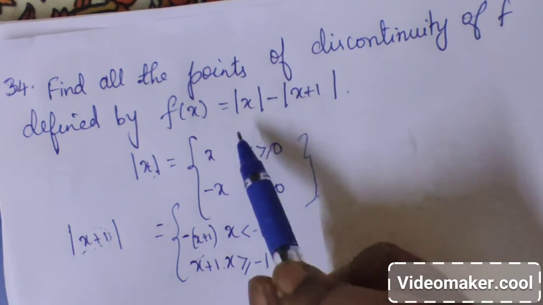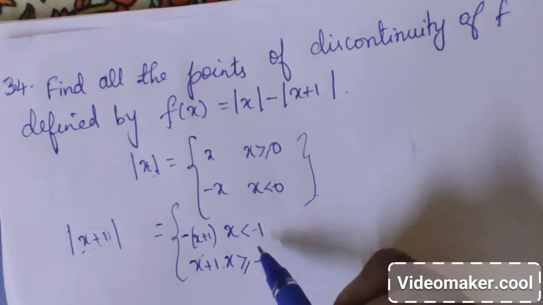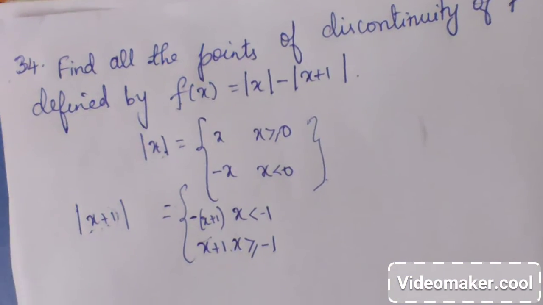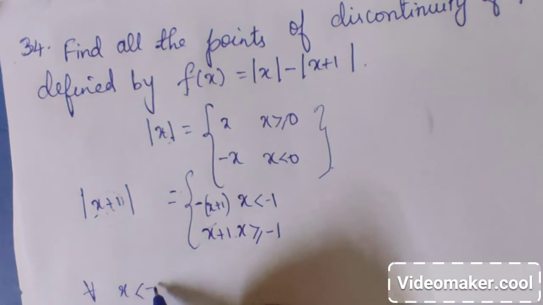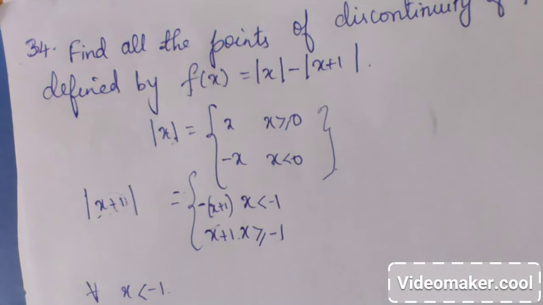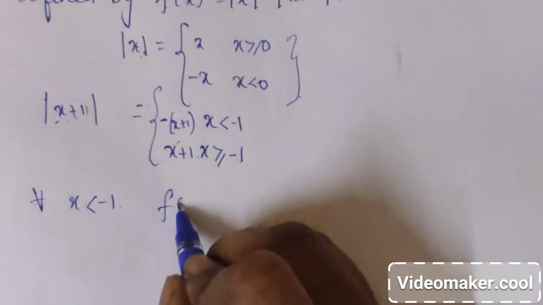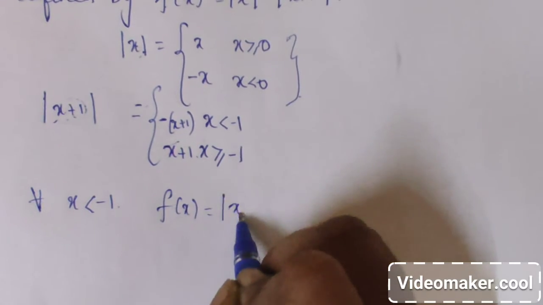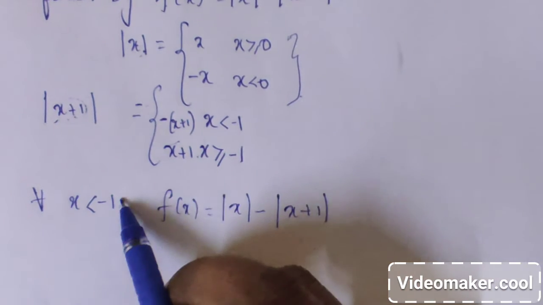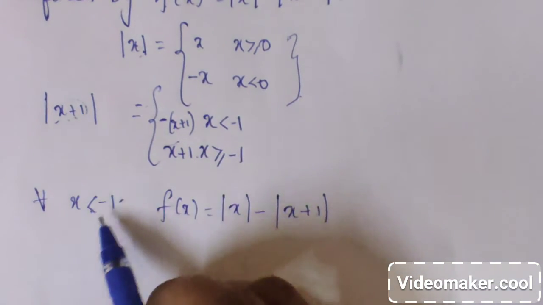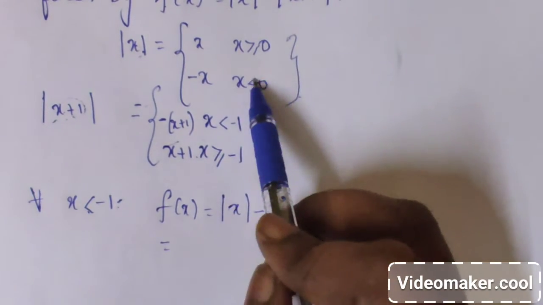So we will discuss the function for all x less than minus 1. For all x less than minus 1, f of x is mod x minus mod x plus 1. Here mod x will be minus x, since x is less than 0.